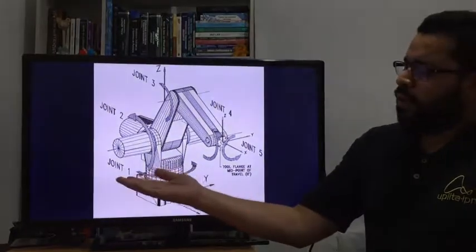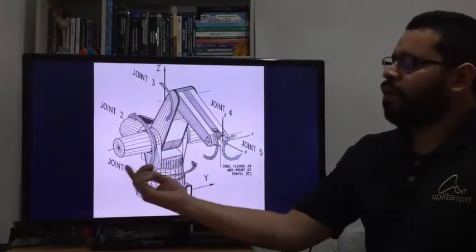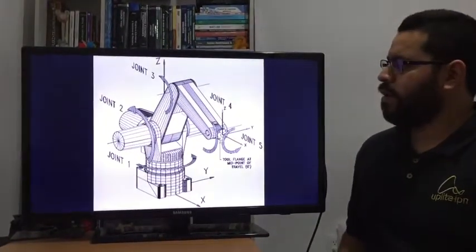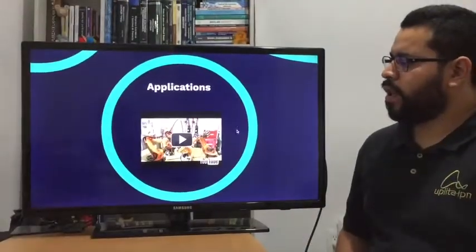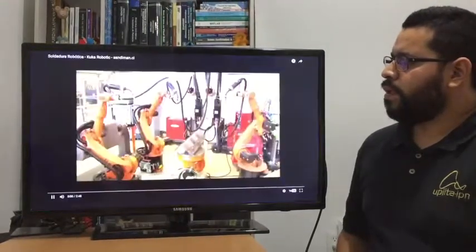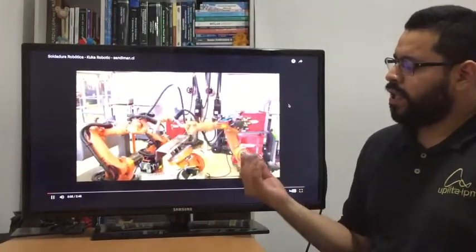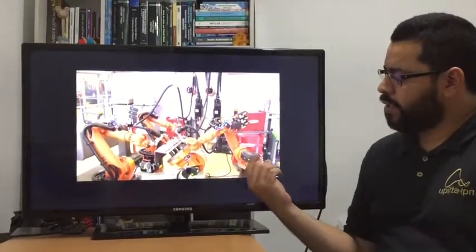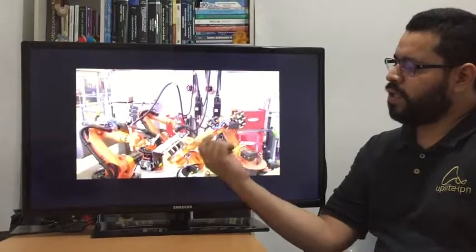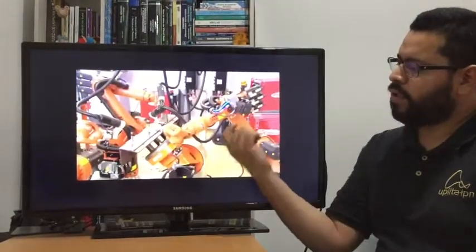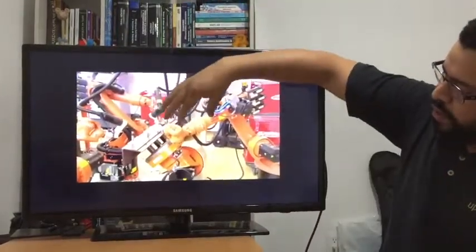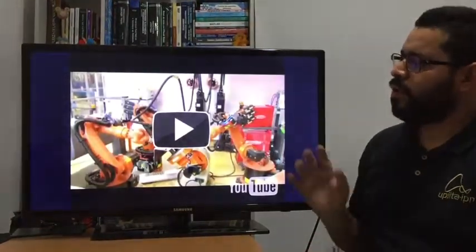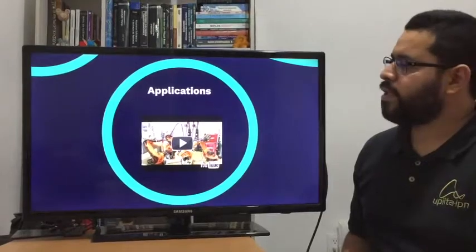And normally associated to each of the joints there is a frame, as we have just stated. Here is an example of an application of robots and what kinematics is within this video. Kinematics helps us to relate the changes in the values of the joints with the changes in the position and the orientation of the tool to interact. So that is robot kinematics.